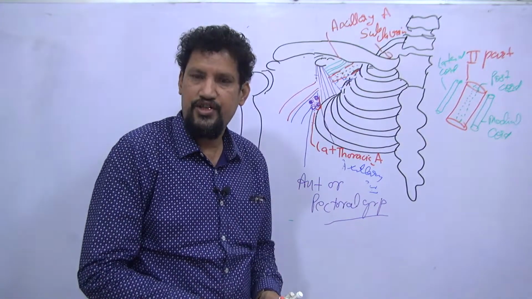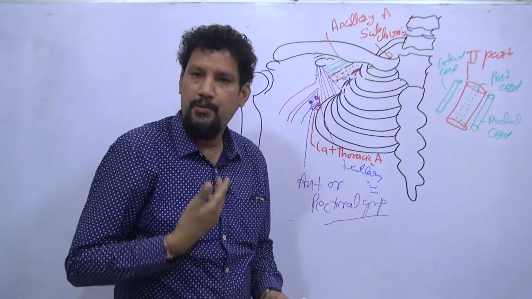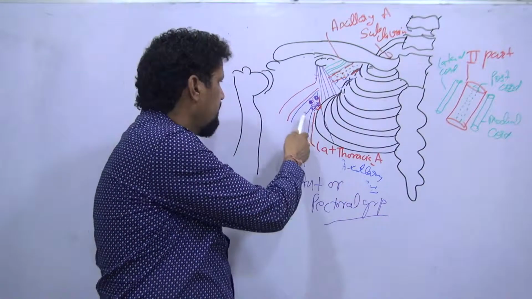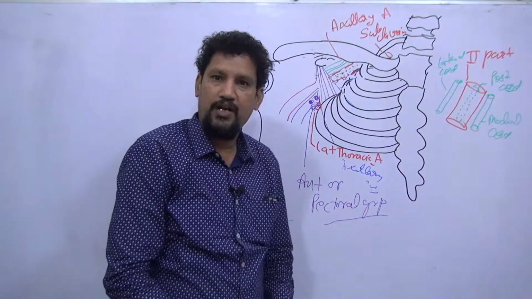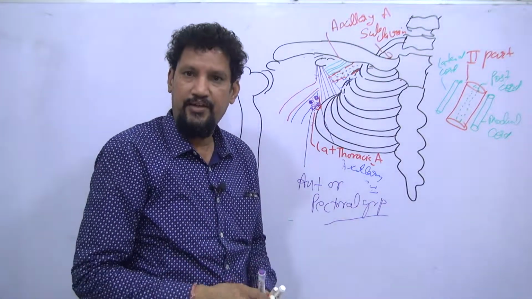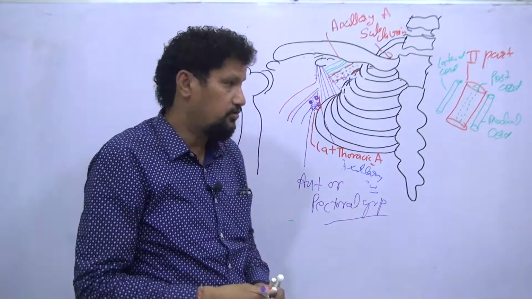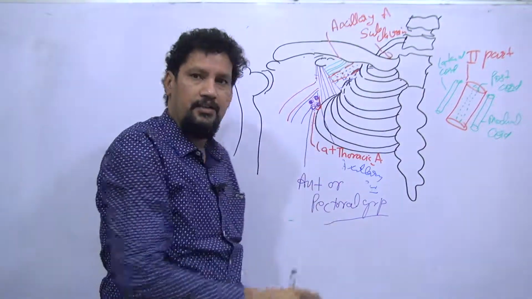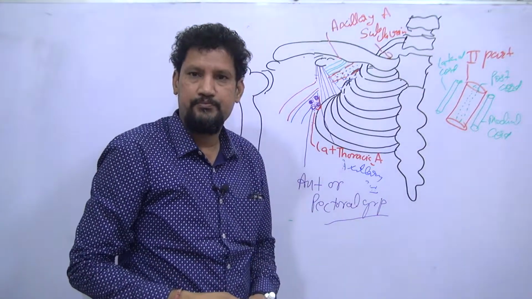There is a watershed area, the umbilicus. Above the umbilicus, these drain in this anterior or pectoral group. Lymphatic afferents which are coming from the breast are also draining in this anterior or pectoral group.